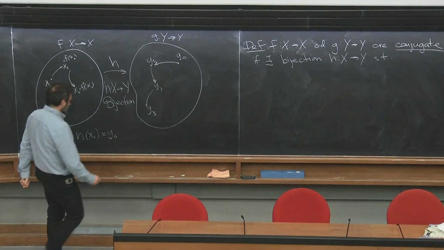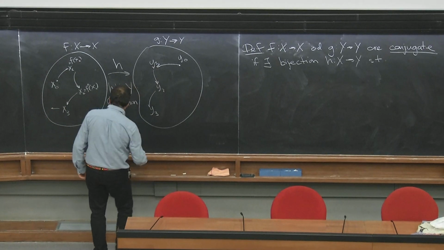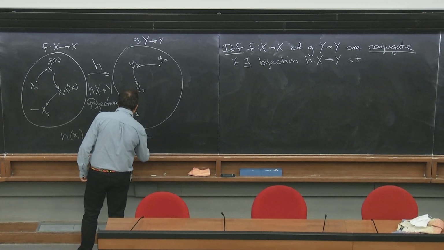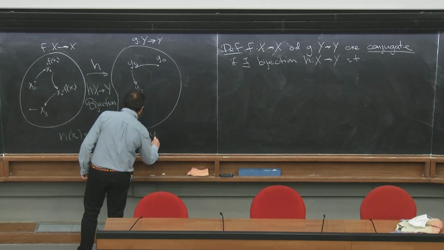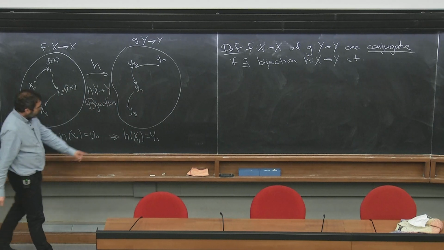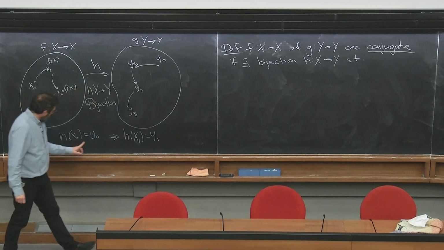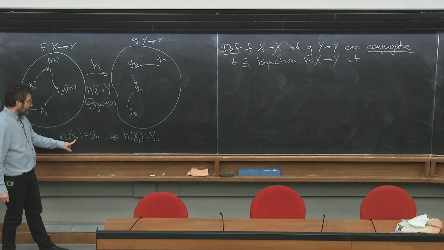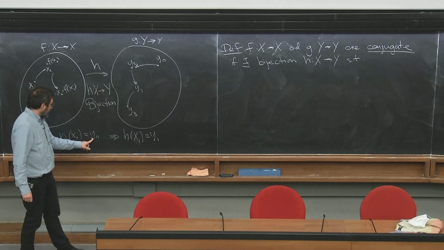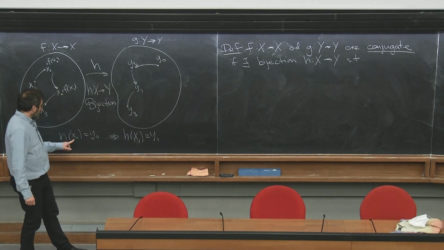Then what we want is that H of x1 should be y1, right? So x1 is just f of x0, and y1 is just g of y0, which is H of x0.